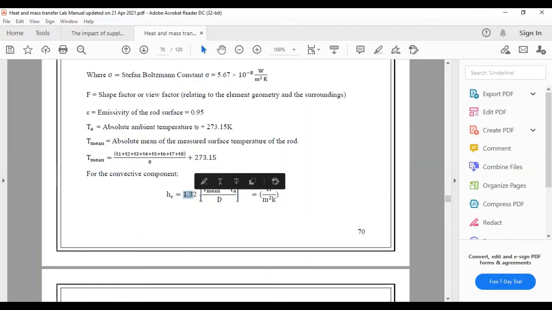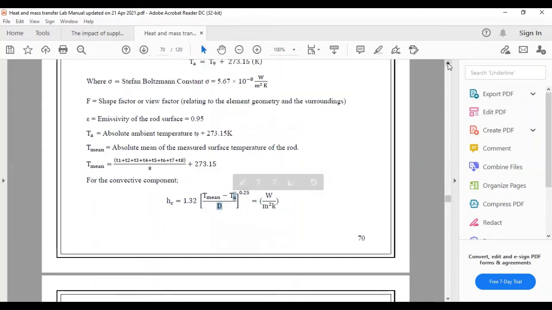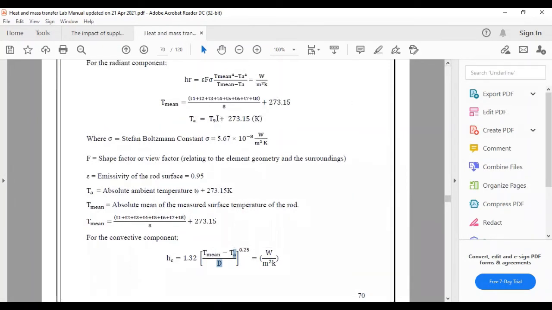This is 1.32 inside bracket T mean minus TA over capital D and raised to power 0.25. So what is this TA? This is basically T ambient temperature, and we have got it from this T9. So what is this T mean? It is basically the mean of all of these temperature values, T1, T2, T3, T4, T5, T6, T7, and T8, and then we will divide it by 8.